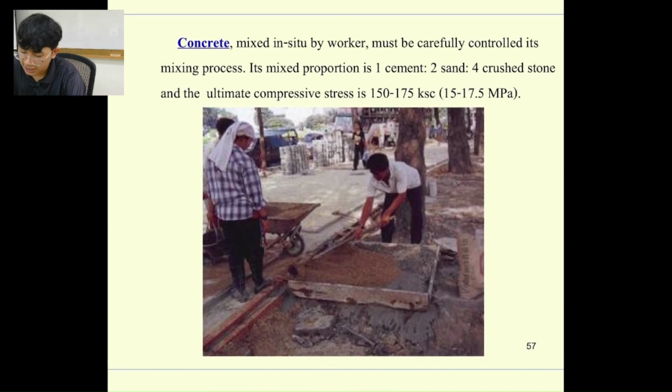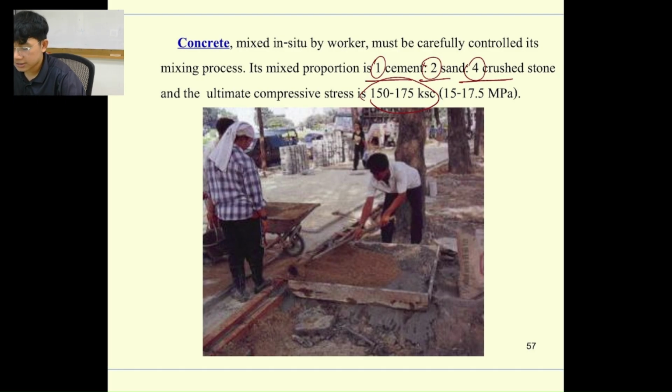And sometimes we just mix it manually, as in the past. As of today, we still use the 1, 2, 4 method, which means 1 cement, 2 sand, and 4 stone. It's going to reach a strength of only around 150, because sometimes we cannot control the properties at the site.